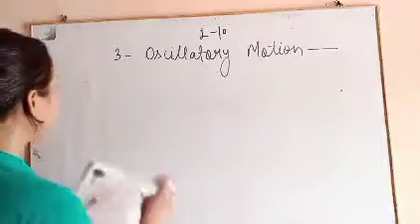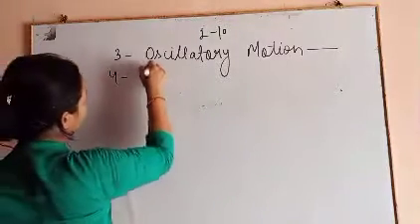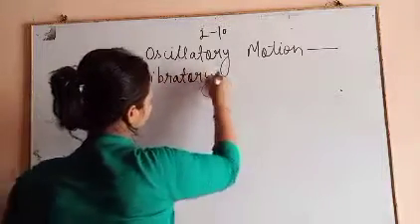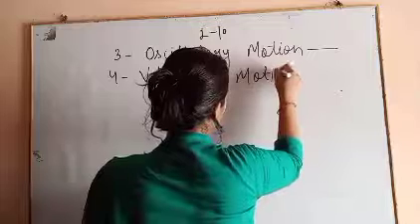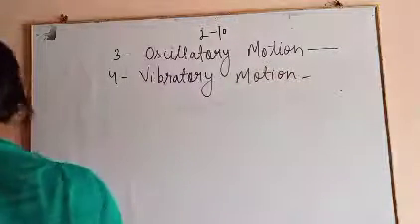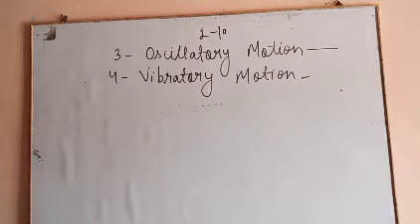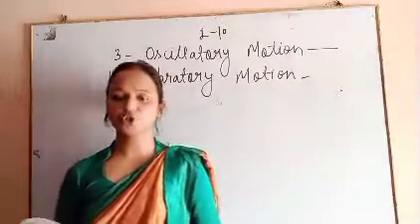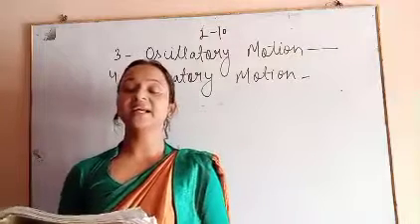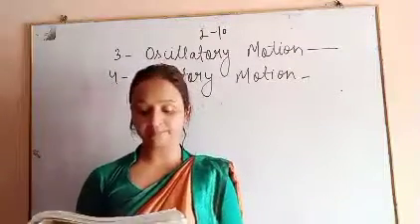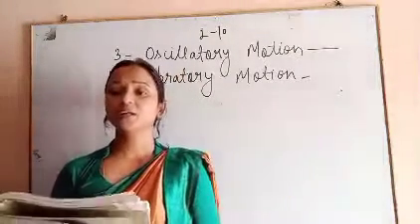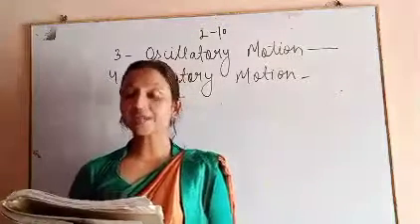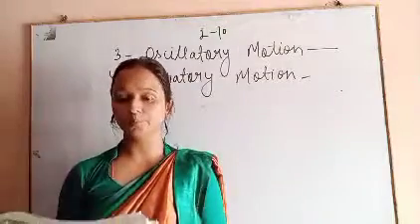Now come to vibratory motion. What is vibratory motion? There is another kind of oscillatory motion in which the body does not move as a whole. The entire object does not move.